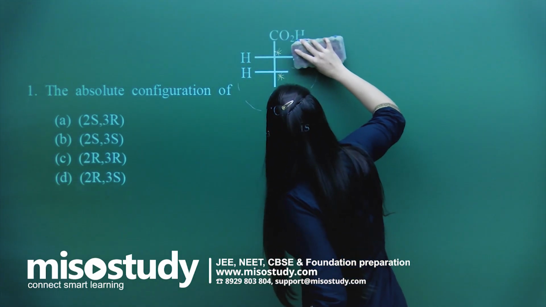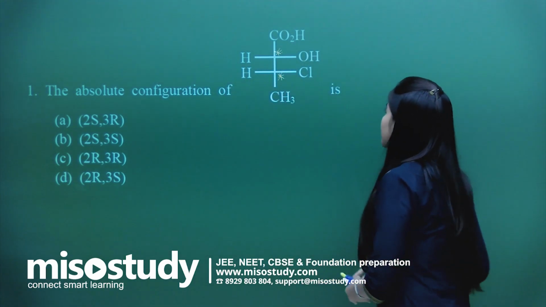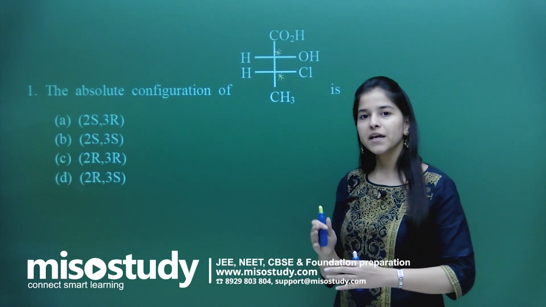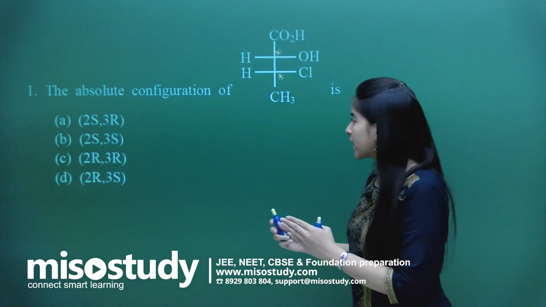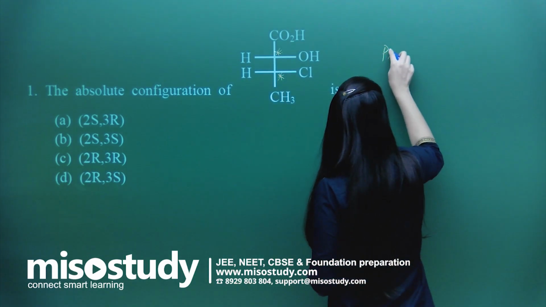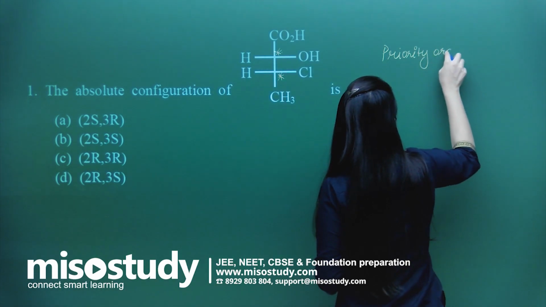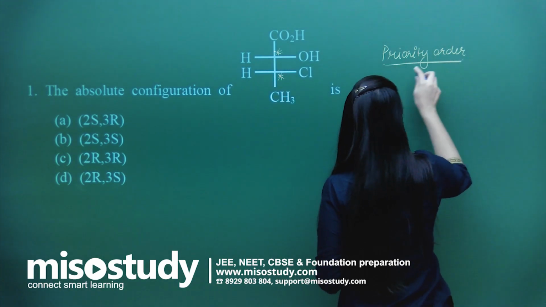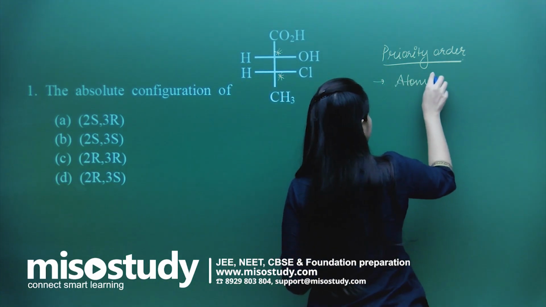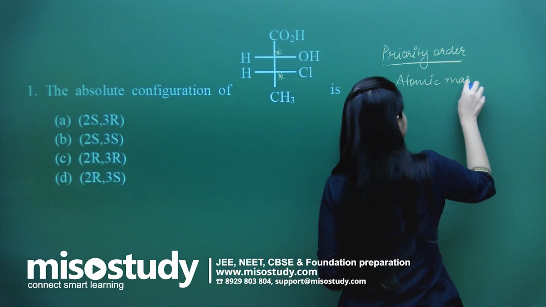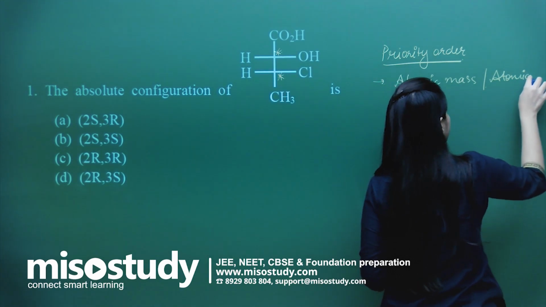So as per the priority order, as we did earlier, what will be the priority order? It would be as per the atomic mass or atomic number. For the molecules, I need to have priority either on the basis of atomic mass or on the basis of atomic number.